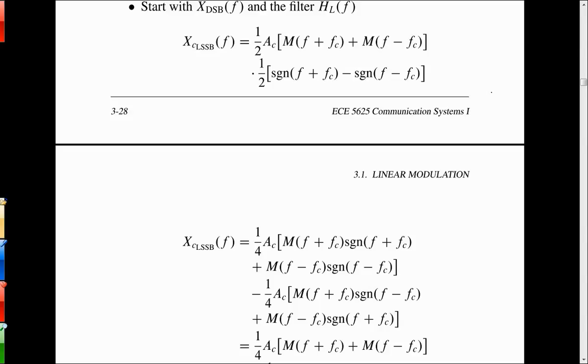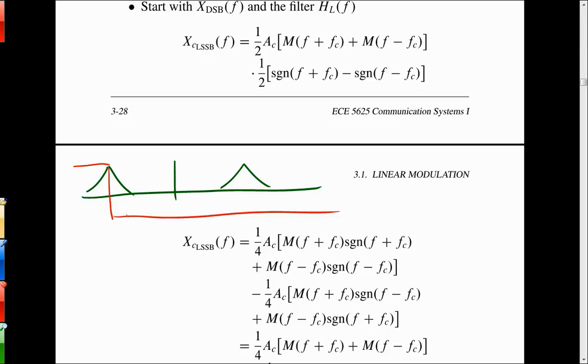So the easy terms to go with are the terms where the signum is not switching at the same location as the spectrum of M is, because M is centered either at FC or minus FC. If I draw the picture, M is here and here. The signum function in some instances is going to come along like this.